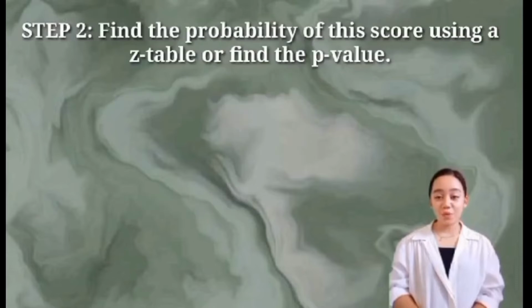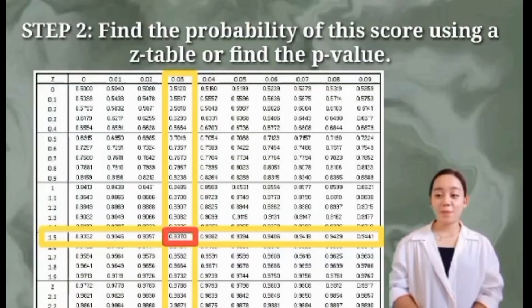Step 2. Find the probability of this score using a z-table or find the p-value. We will use the positive z-table since our z-score is also positive. As you can see on the screen, the p-value of 1.53 is 0.9370 in the z-table.